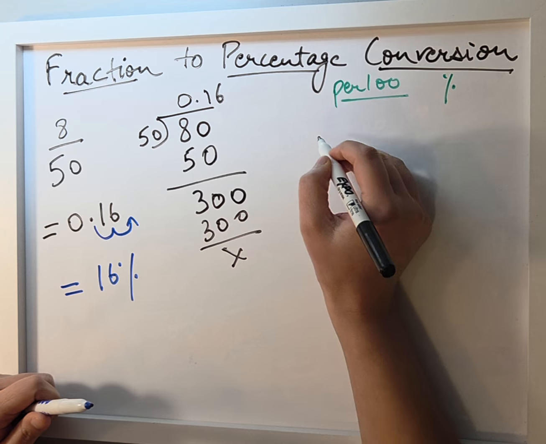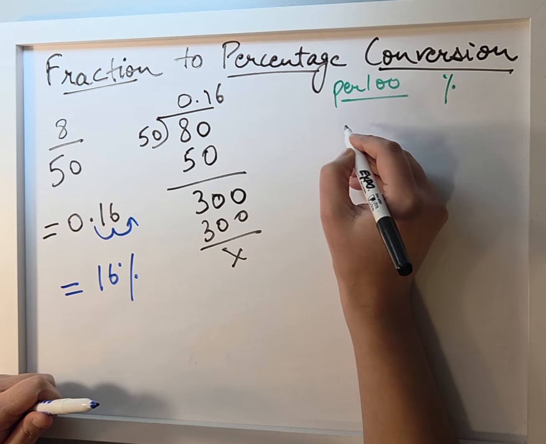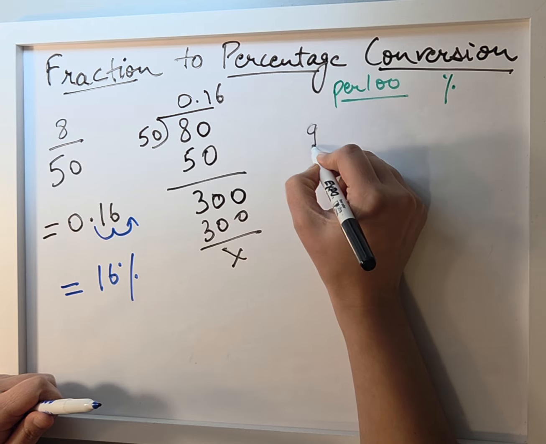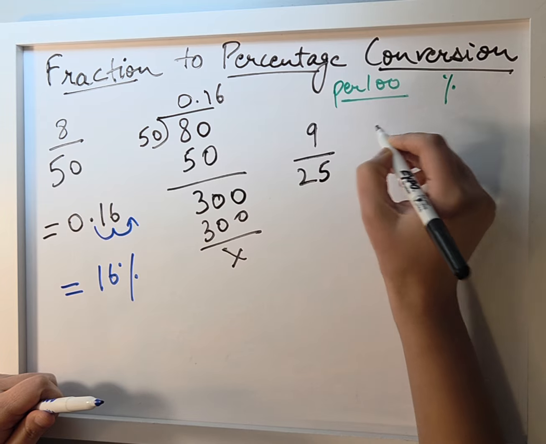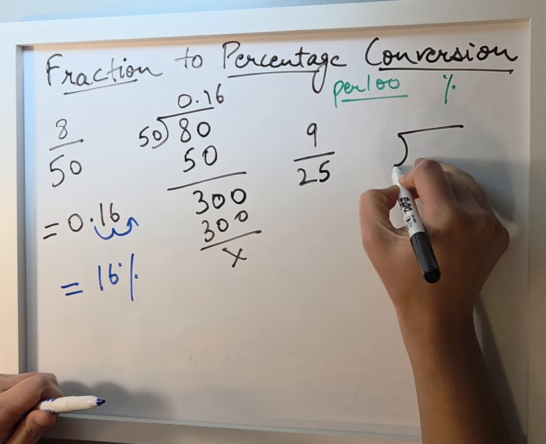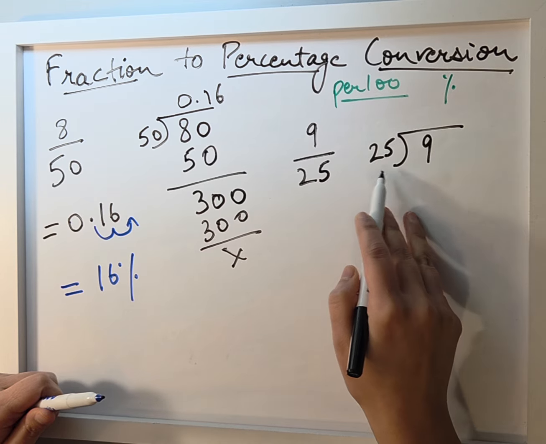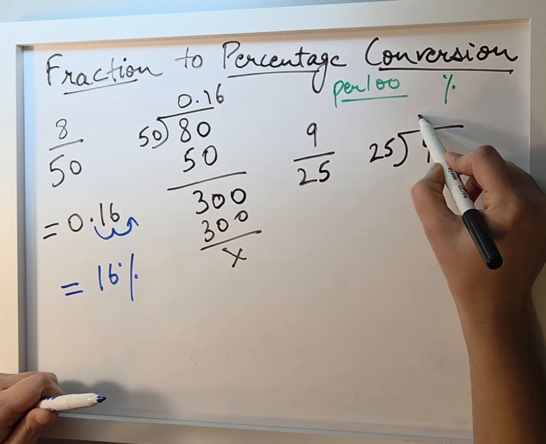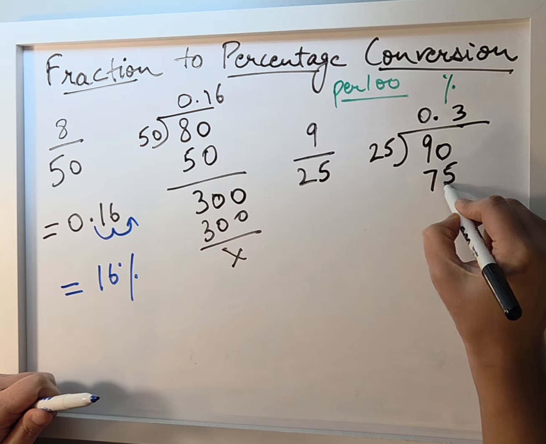Now let's look at another example. Let's do 9 by 25. Here I will divide 9 by 25. 9 is less than 25, so 0 and a decimal. We make it 90. Now 25 into 3 is 75.